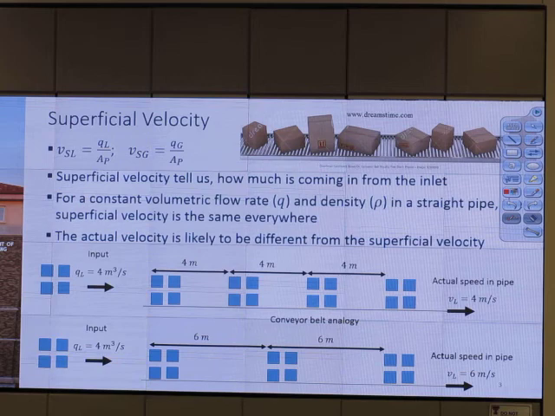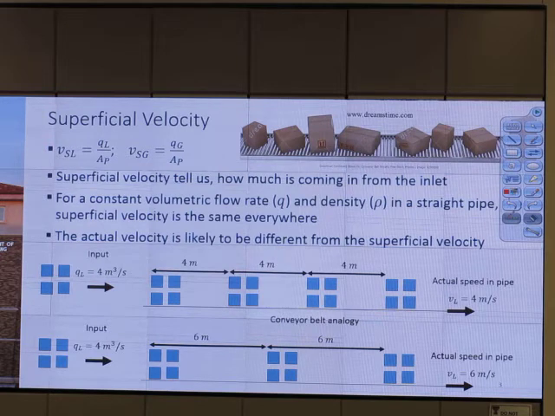This is the analogy that Mr. Bateman used earlier, and I think it's meaningful, so we add it here. You can see that actual velocity will tell us the liquid holdup. If the actual velocity is very slow, the boxes will accumulate, right? If it moves fast, they stay apart.